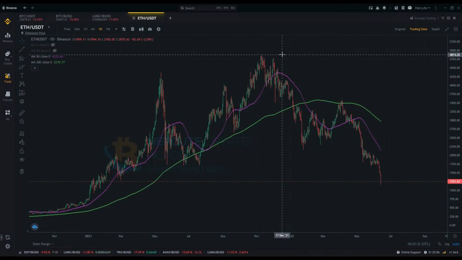That is almost $5,000, $4,800. How many X's are those? Let's work with $4,900 and divide by $76. That is 64 times.